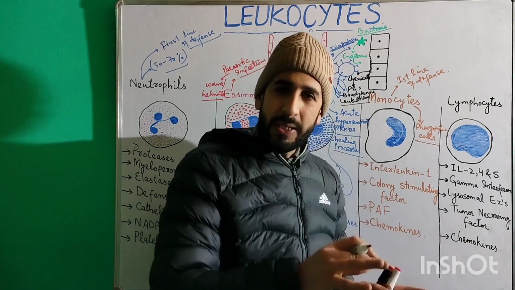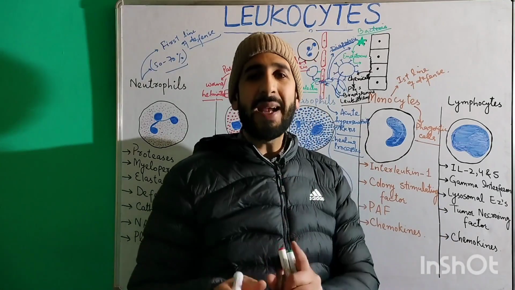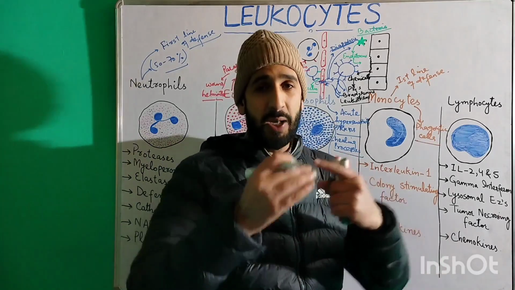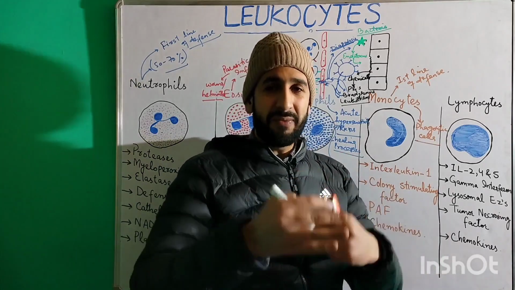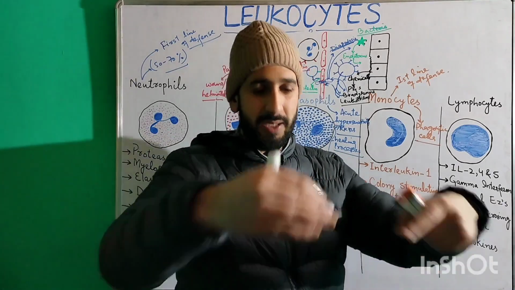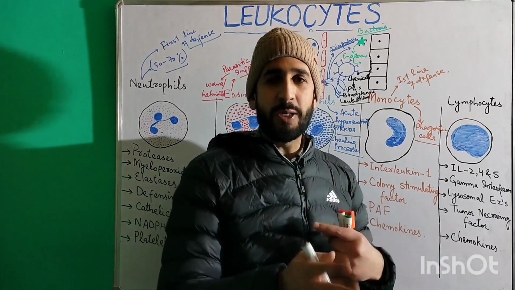And both these neutrophils and macrophages are actually the phagocytic cells. They are involved in the phagocytosis process, that is taking the microorganism, most importantly the bacteria, into the cell and then destroying them there.